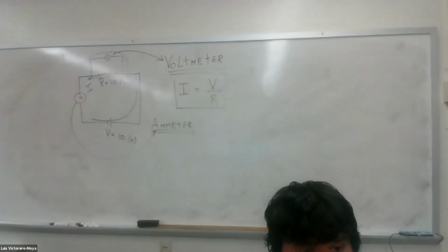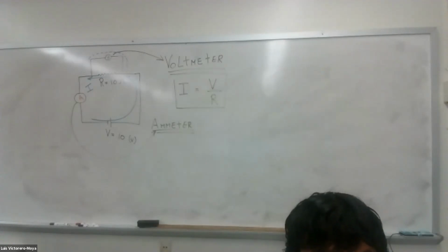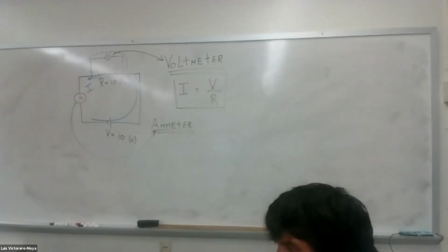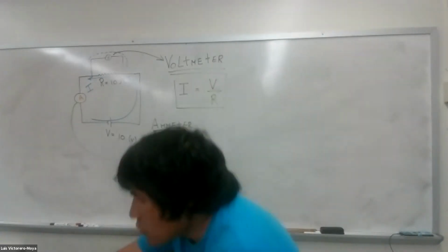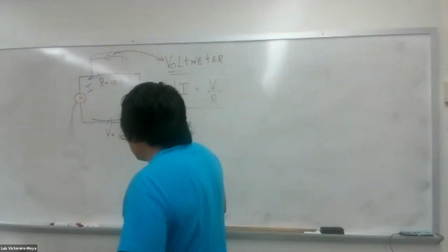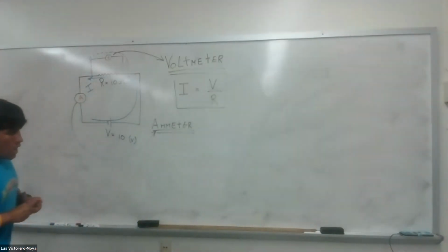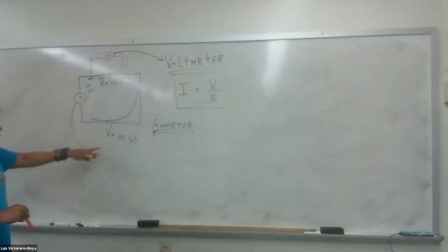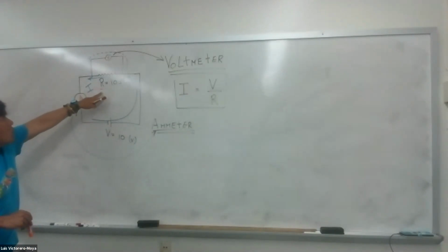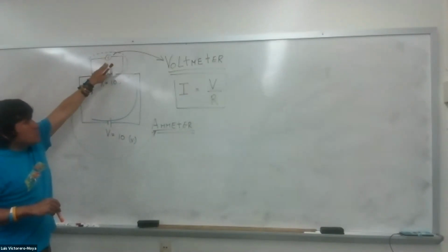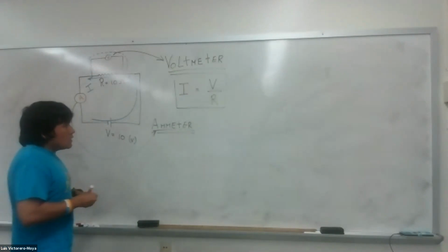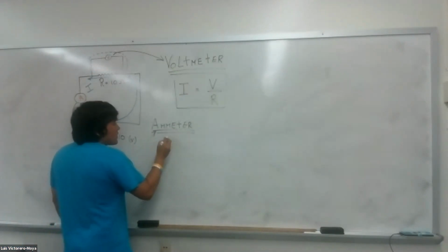Anyway, so let's talk a little bit about what I have on the board here. I have a circuit with 10 volts and 10 ohms. I chose those values because it's ideal for what I want to do now. What I want to show you is what happens when you have an ammeter and a voltmeter. So the ammeter is a device that measures current.